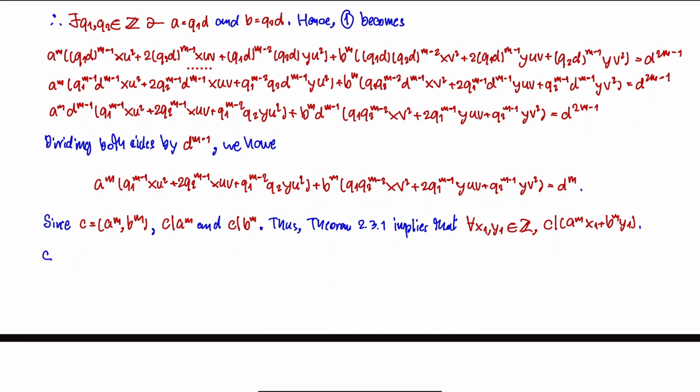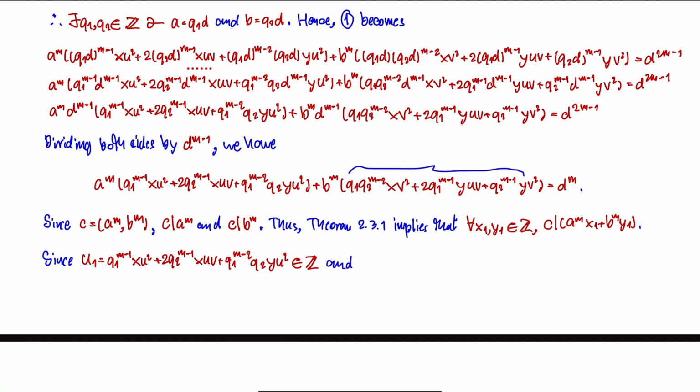I'm going to call u1 equal to this term right here. This is an integer, and this term right here is also an integer.